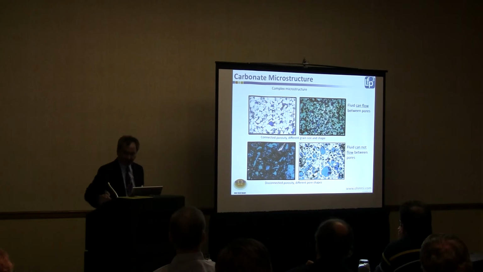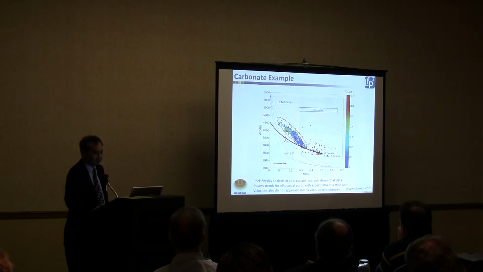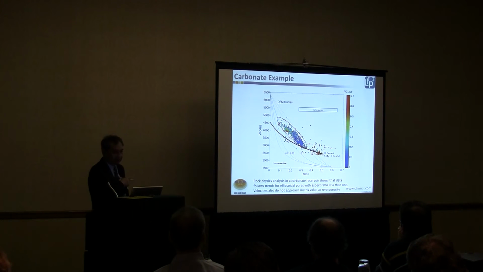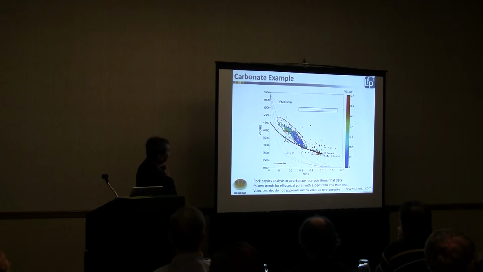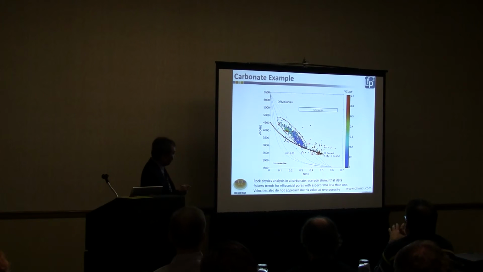And this is a similar plot to what I showed before on tight gas. This porosity, velocity cross plot on carbonates.